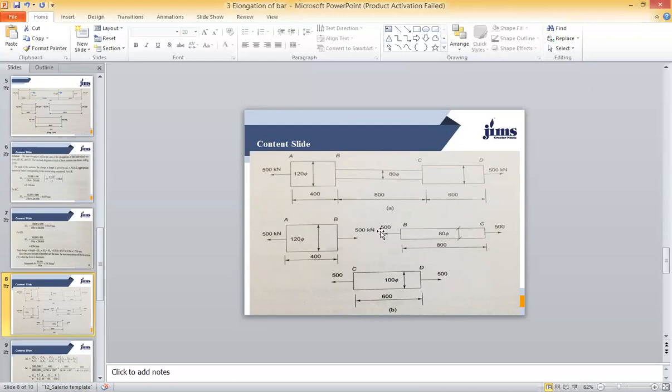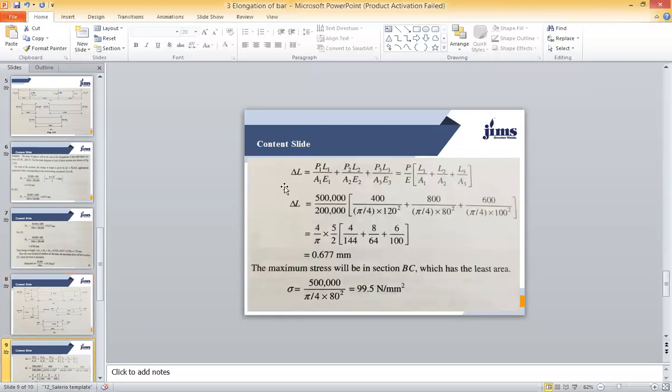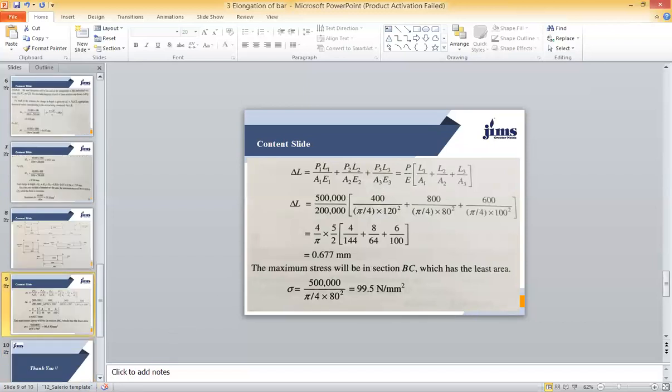So if there is any compressive force, you have to subtract that amount of elongation. Once again, the diameter of the bar is important, and delta L is P1 L1 over A1 E1 plus P2 L2 over A2 E2 plus P3 L3 over A3 E3. So the total elongation is P over E times L1 over A1 plus L2 over A2 plus L3 over A3, because the force is equal and E, the modulus of elasticity of the material, is the same.